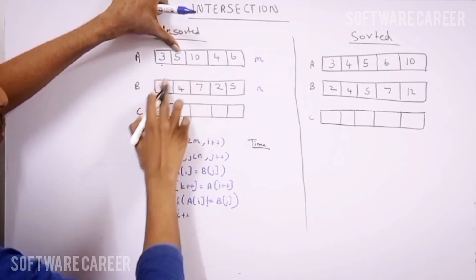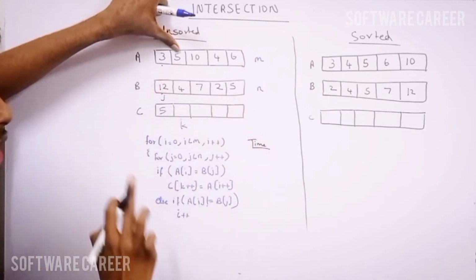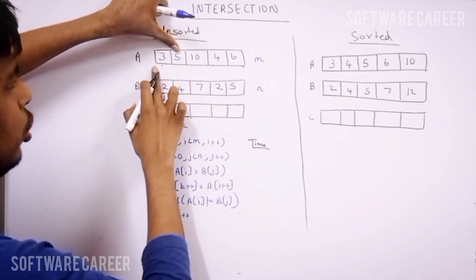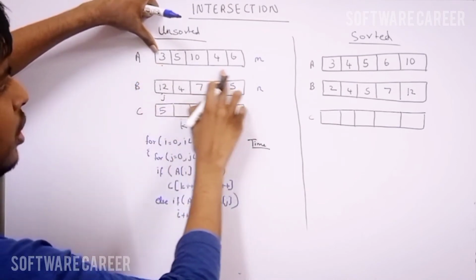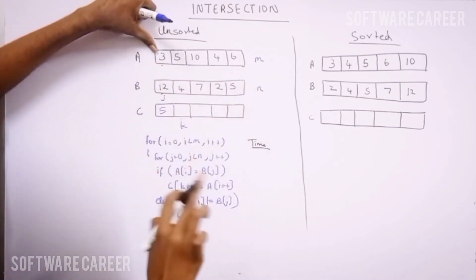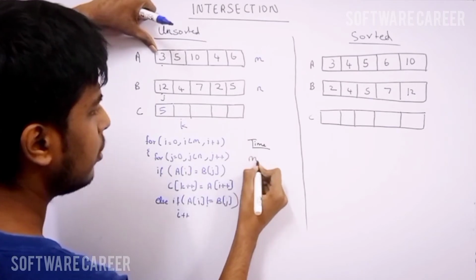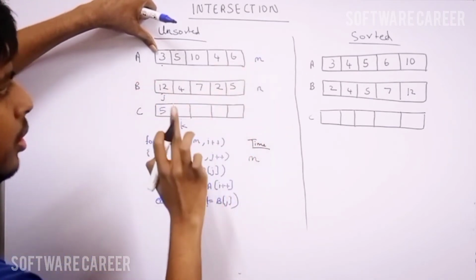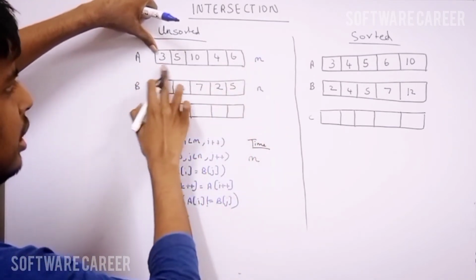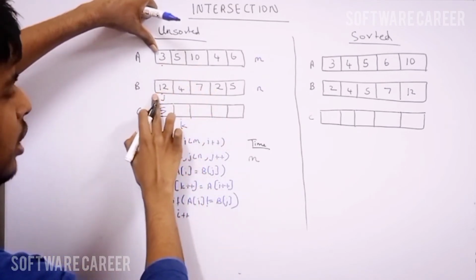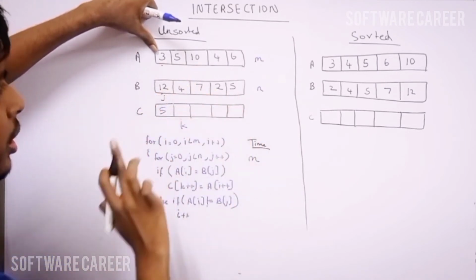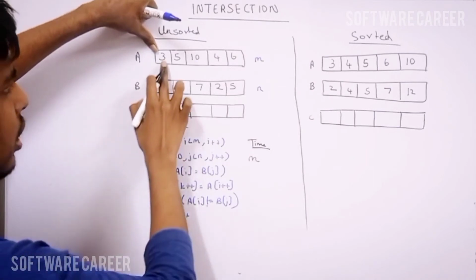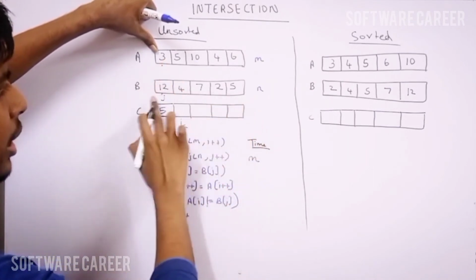Then you are comparing whether 5 is present anywhere in array B. So one loop, the I loop, will travel all the elements in array A. So I am taking m because it travels all the elements in array A. Now in each travel it checks whether the element is present in array B. So in each one it takes n times.